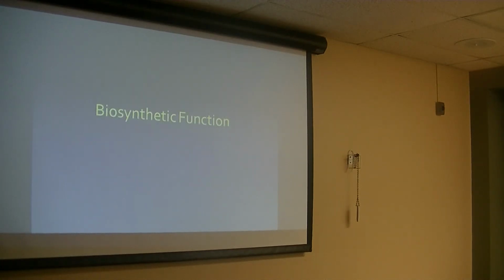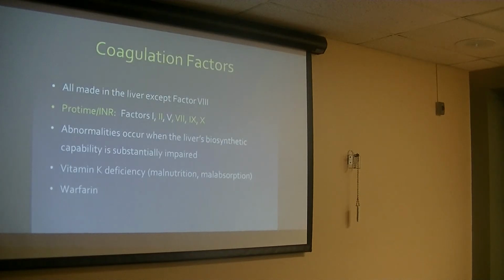So now moving along to the biosynthetic function. Like I said, all of the coagulation factors are made in the liver except for factor VIII. The PT and INR are dependent on these factors, and the ones in yellow, 2, 7, 9, and 10, are the ones that are vitamin K dependent.